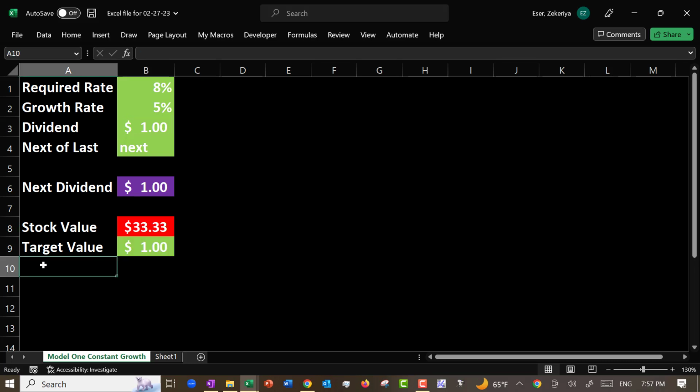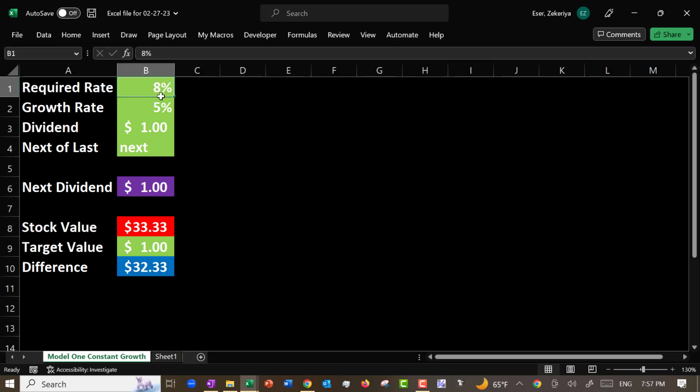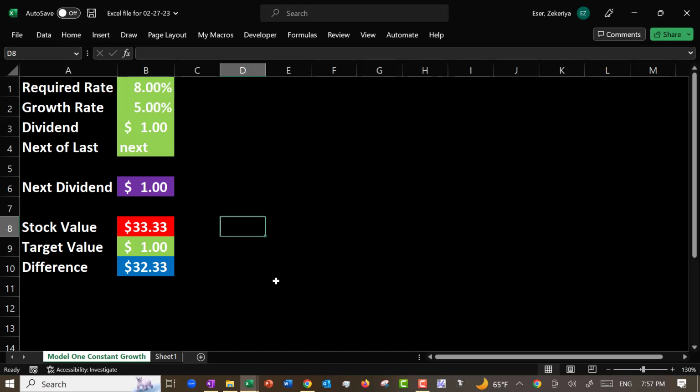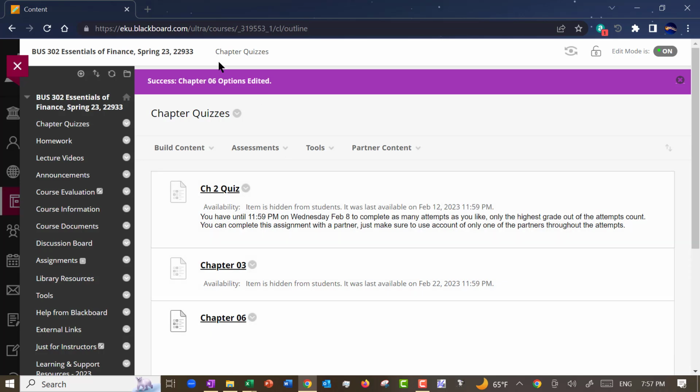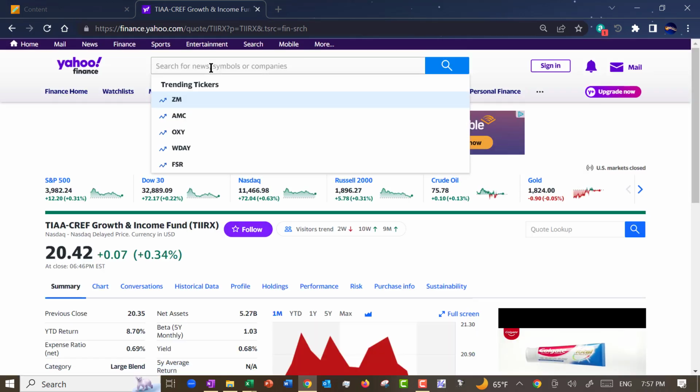And for Coke, I would use, let's say, 6% required rate. In Yahoo, when you hit analysis, they tell you what the analysts are expecting: the company is going to grow over the next five years at 6%.